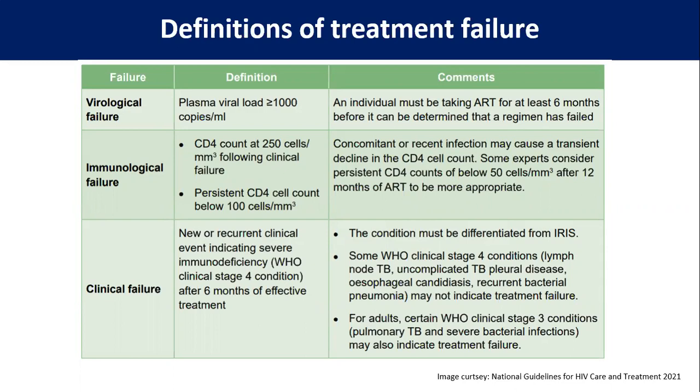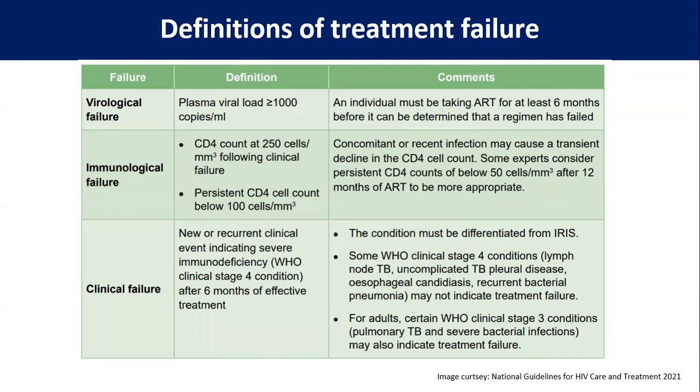For example, uncomplicated TB pleural disease, lymph node TB, esophageal candidiasis, and recurrent bacterial pneumonia may not indicate treatment failure, while WHO stage 3 conditions like pulmonary TB and severe bacterial infections may indicate treatment failure.